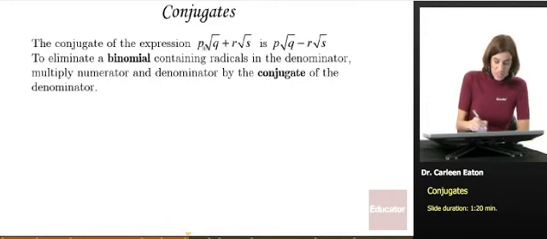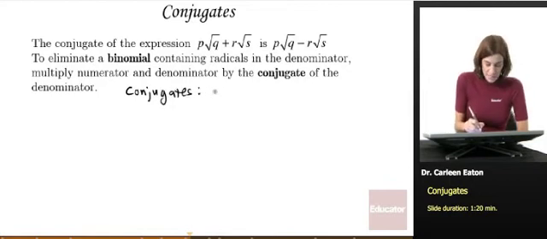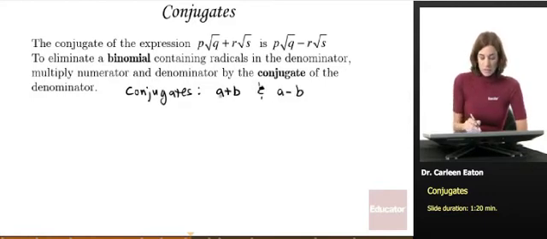For example, just forgetting the radicals for a second, just to be really simple, here's a pair of conjugates, a plus b and a minus b. Same terms, but this is the sum, and the conjugate of that is the difference. And the other way around, the conjugate of a minus b is the sum, a plus b.